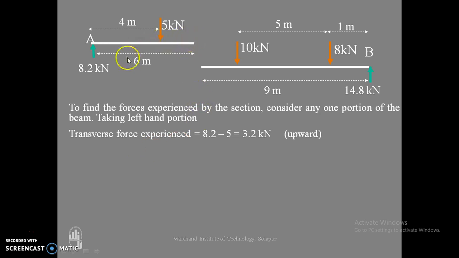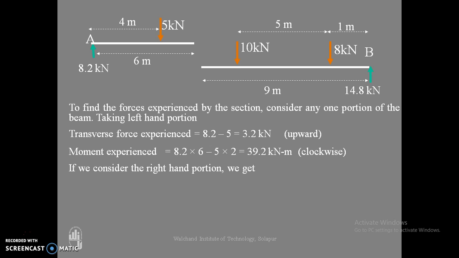So if I consider the left hand side, you can see here there are only two forces present. Upward forces are considered positive, downward forces negative. So the unbalanced vertical force experienced by that section is 8.2 minus 5, that is 3.2 kilonewton upward.